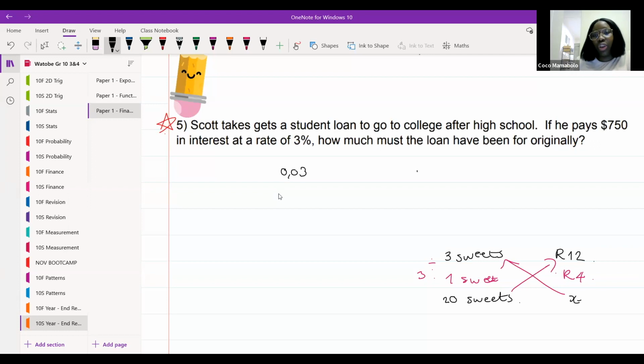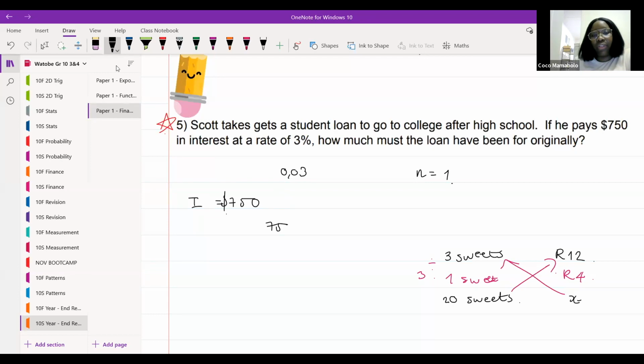Okay, all right. So we're going to make our n equal to 1 year, right? And we know that the interest is $750. Okay, where did you go from here? I said $750 is equal to principal P, which is P open bracket 1 plus 3/100 to the power of 1.